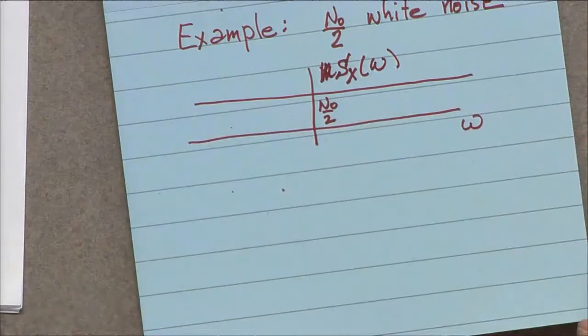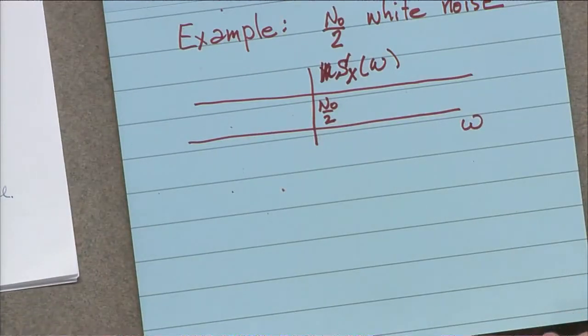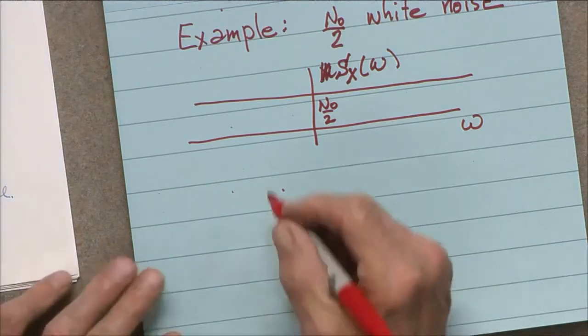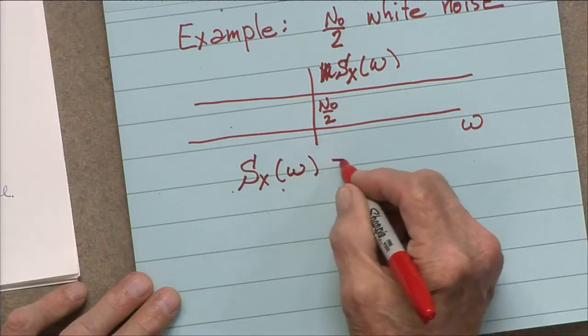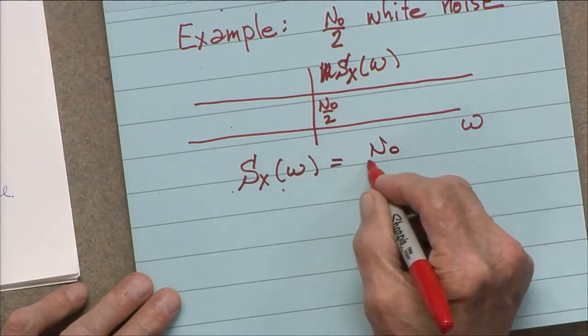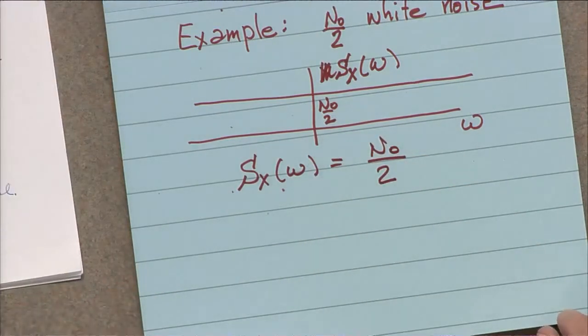It's just a constant, S_X of omega equals N0 over 2. Noise could be shot noise, or noise from a resistor.